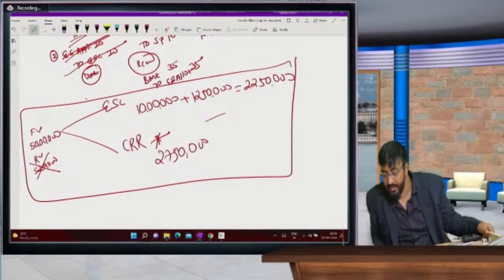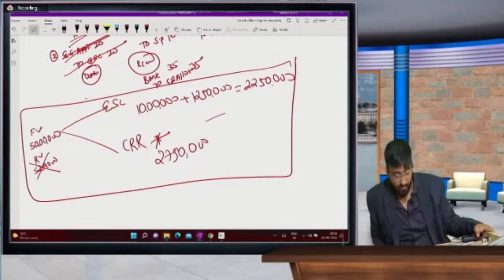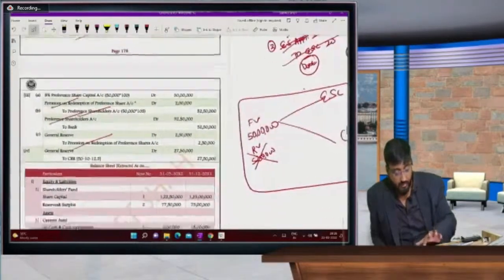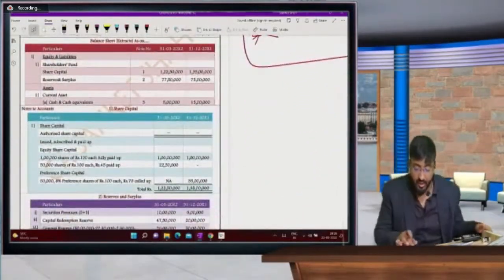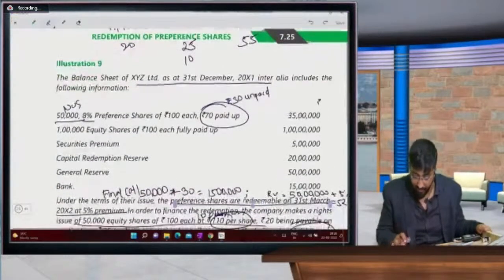Inter alia means usme beta, usme, provided in that, given in that. चित्र बना लिया. Now see, share capital previously. Now we have share capital.